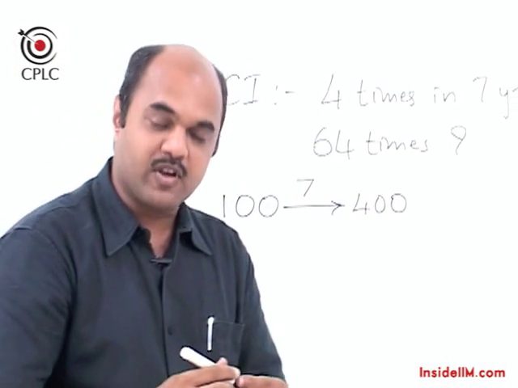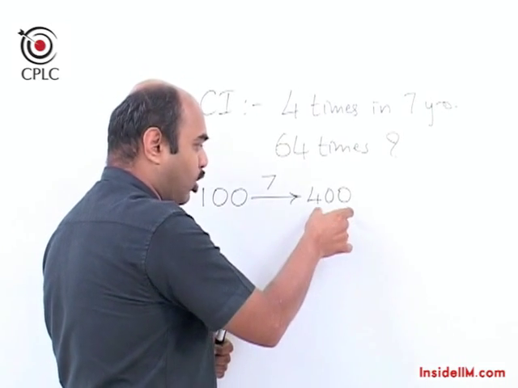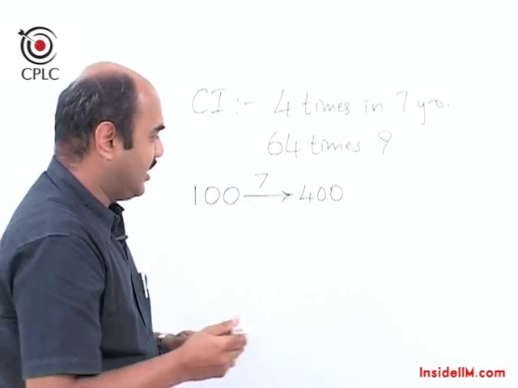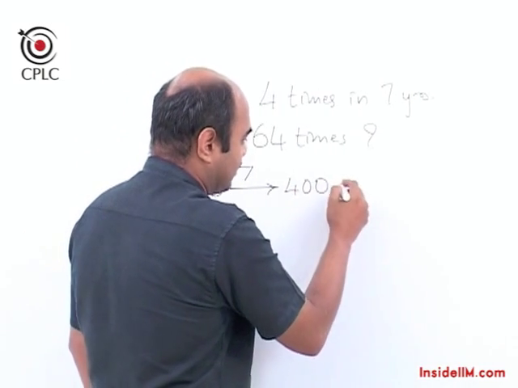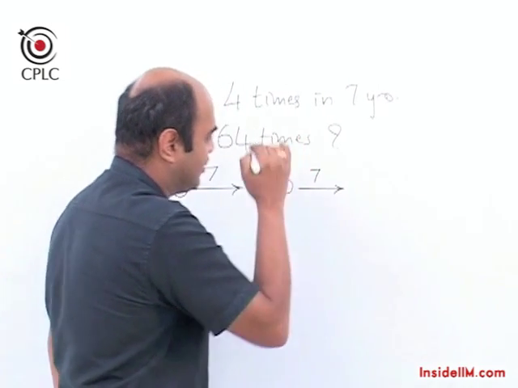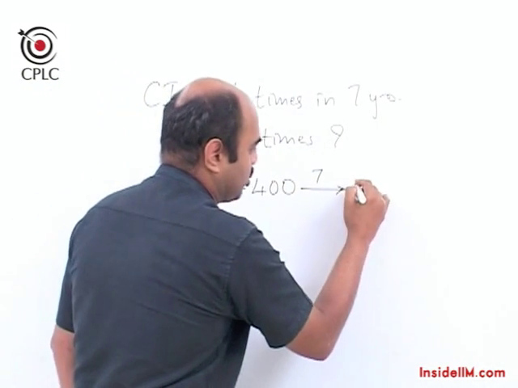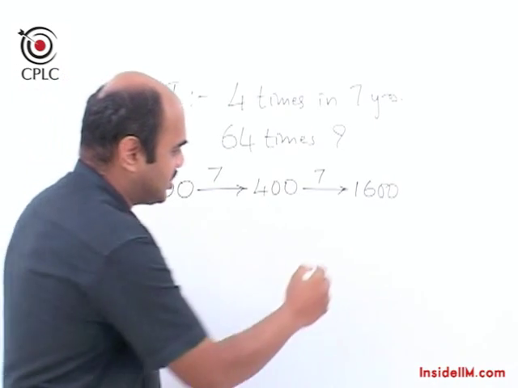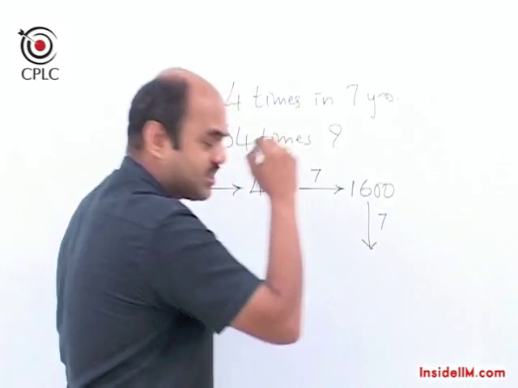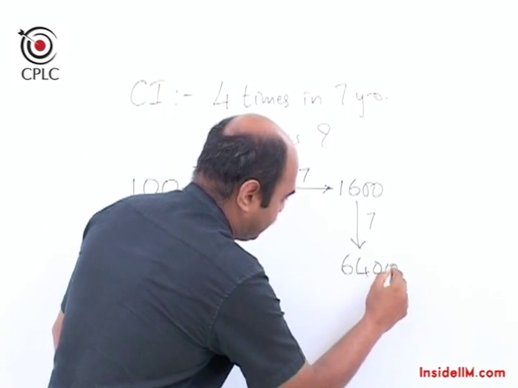The concept of compounding is that the new change will be applicable on this new amount, and hence we now start with 400, and in another 7 years it would become 4 times, which would make it 1600, and in another 7 years it would become 4 times again, which means 6400.